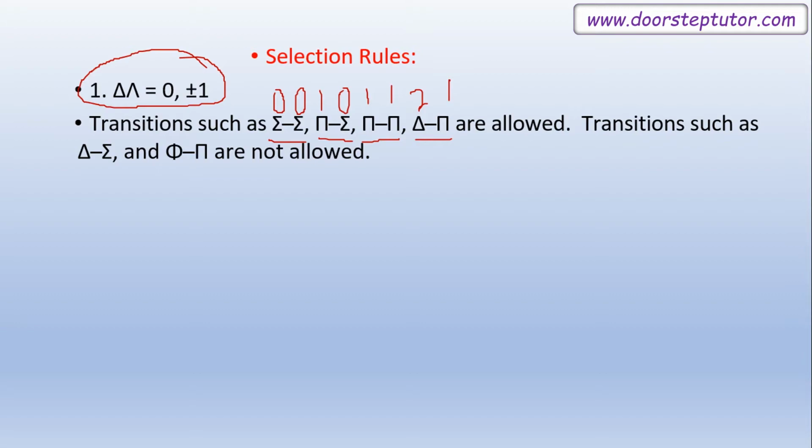So these are allowed transitions: 0 to 0, 1 to 0, 1 to 1, 2 to 1, or 1 to 2, or 0 to 1. All these transitions are allowed, right? A transition such as delta to sigma, because here the delta value is 2 and the sigma value is 0, so 2 minus 0 is equal to 2, or 0 minus 2 is equal to minus 2.